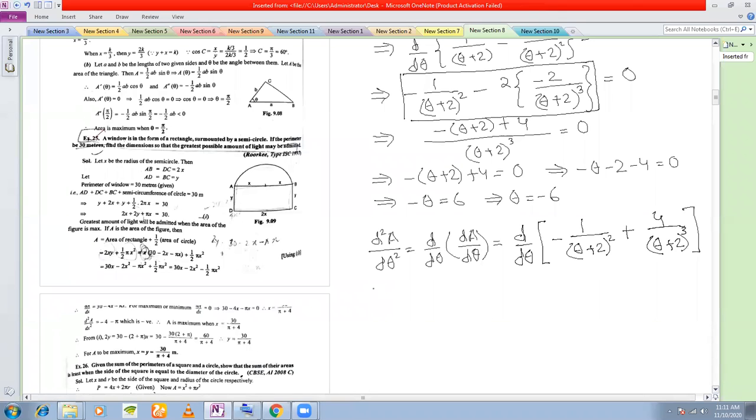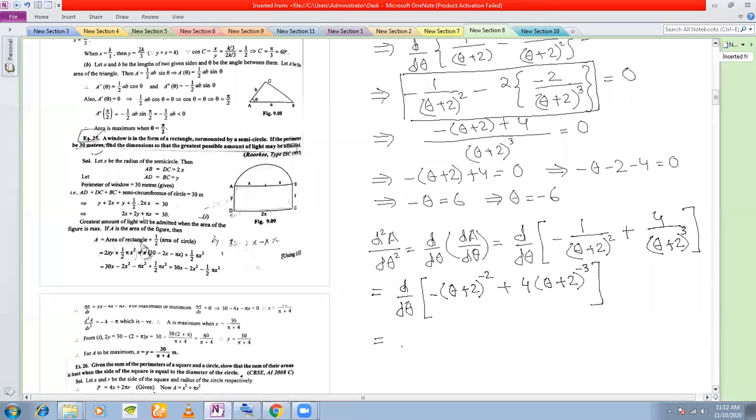Okay, so how will you differentiate this? Minus 1 by x square, what is the differentiation? d by d theta of minus theta plus 2 whole to the power of minus 2 plus 4 theta plus 2 whole to the power of minus 3.